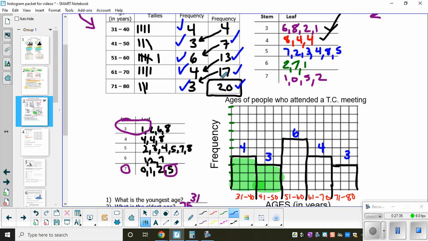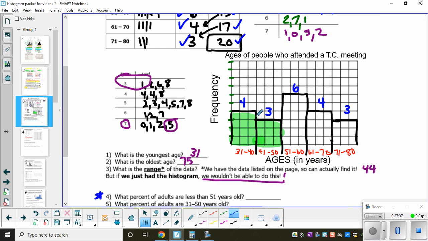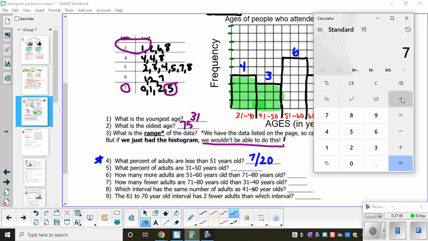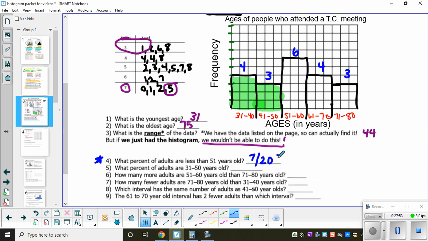We also can see that there's 20 people who attended total by adding up all the bars. So if I want to know what percent are less than 51, it's these 7 out of the 20 total. So we can just do 7 divided by 20 to see the percent, and that's going to be 35%. 35% are less than 51.